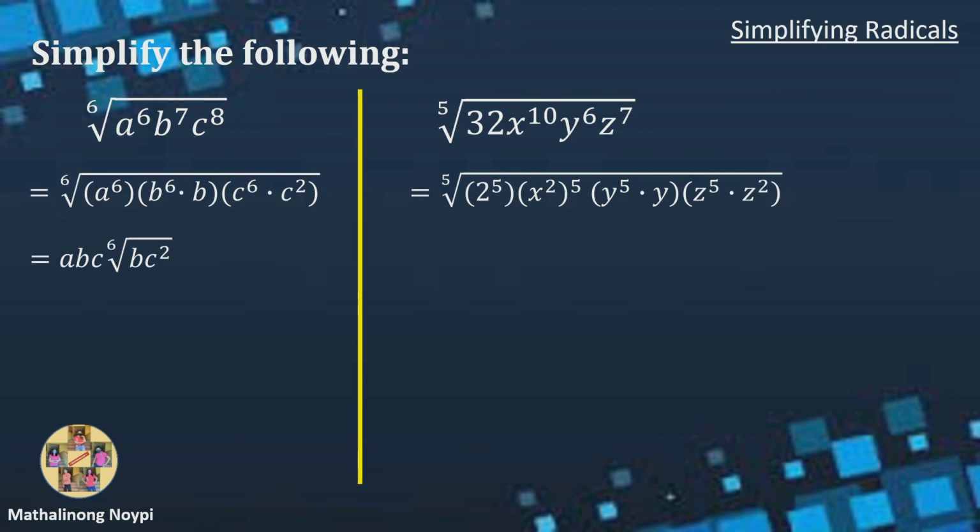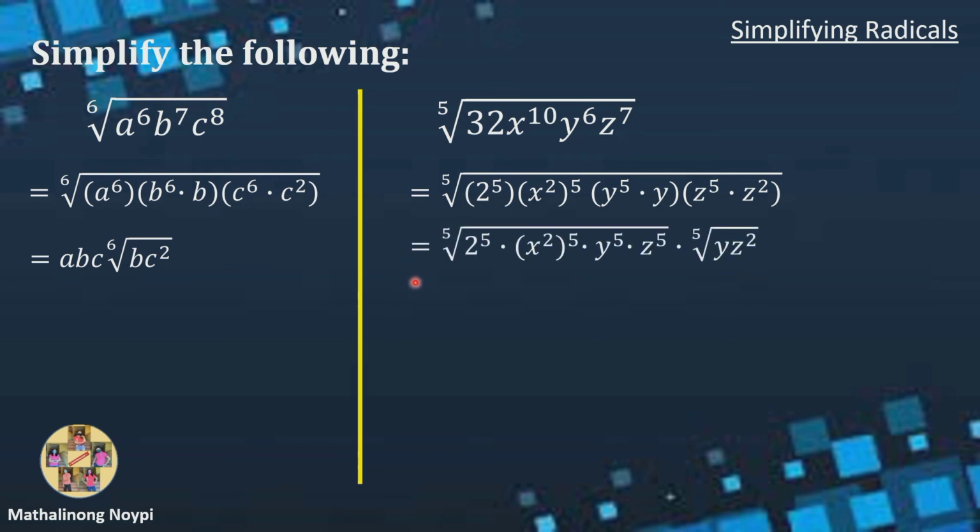So we have the 5th root of 2 raised to the 5th power, that is 32, multiplied by x squared raised to the 5th power, that is x raised to the 10th power, times y to the 5th power times y, that is y raised to the 6th power, multiplied by z raised to the 5th power times z squared, that is equal to z raised to the 7th power.